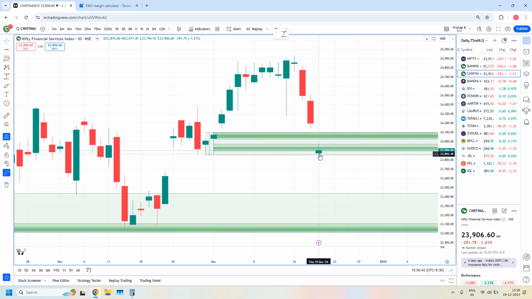Why did institutions cancel? They have strong reasons. All of a sudden the market scenario has changed. They don't want to take any losses. Or maybe they have some other plans in their minds. Because of the change in the circumstances yesterday in the overall market, maybe their earlier analysis would have changed.